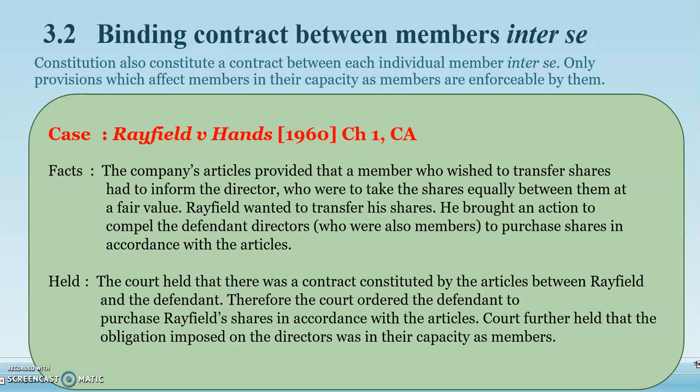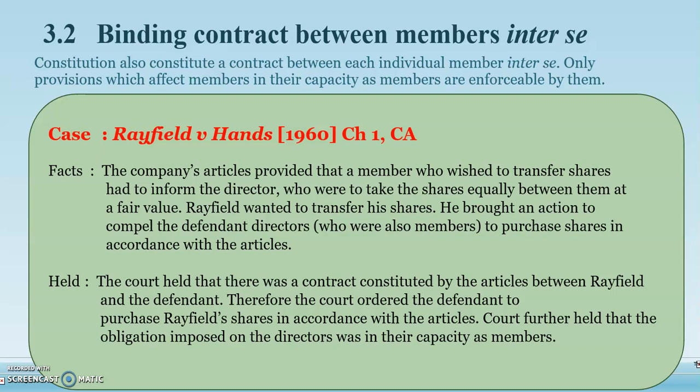In their articles, if members wanted to transfer their shares, they had to inform their directors, who could take the shares equally between them at a fair value. This particular member, Mr. Rayner, wanted to transfer his shares. He brought an action to compel the other directors, who were also members, to purchase the shares.